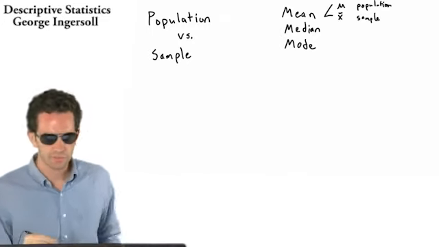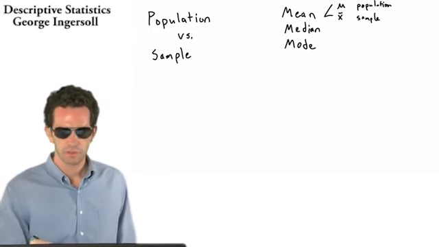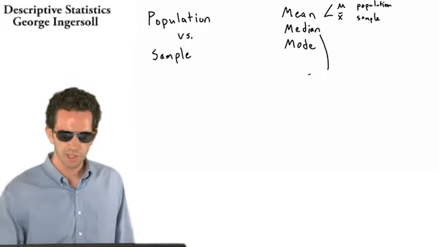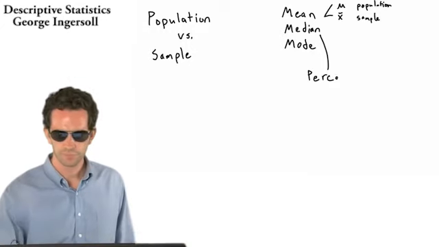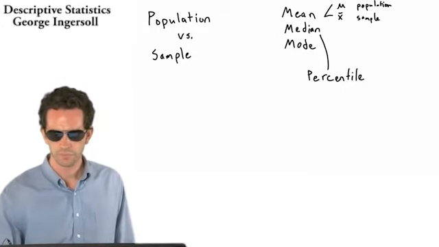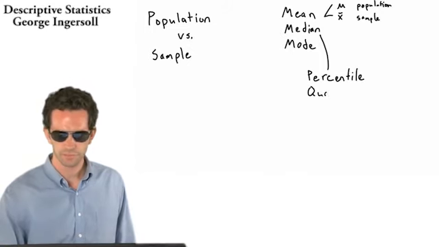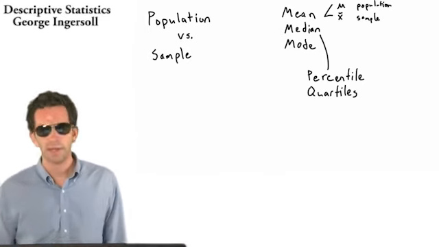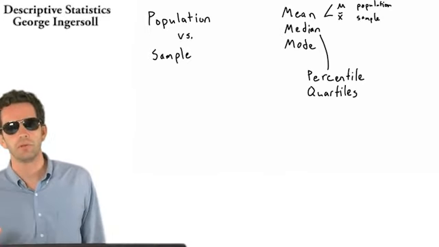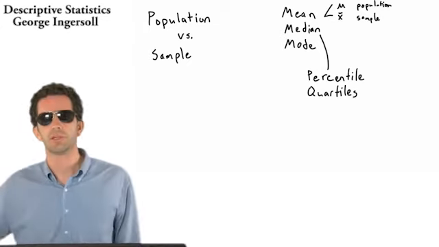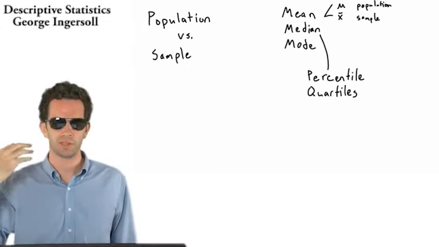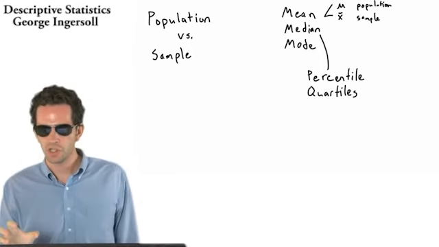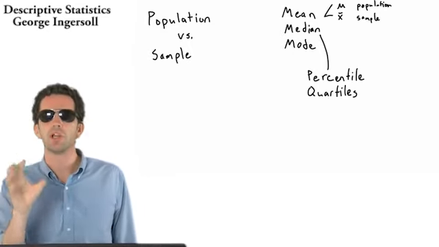Related to median are some other concepts, including percentile and quartiles. Now, in statistics, you can talk about percents, which is a completely different concept, and then percentiles when you're talking about, say, a sample. A percentile means the percentage that fall below that number.